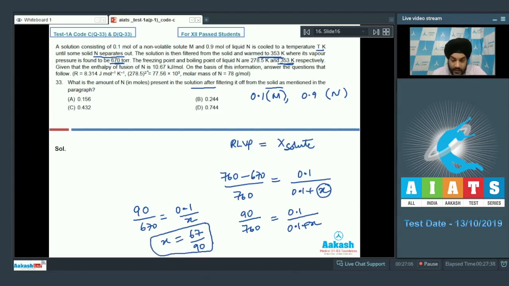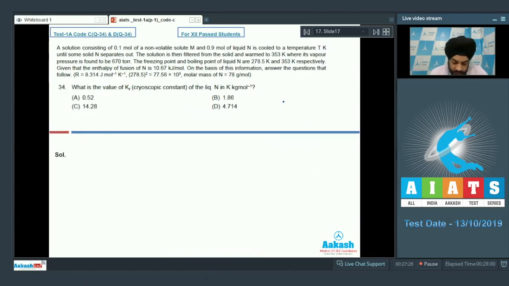If we solve for the value of X, we're going to have a value equal to 0.744. This is the number of moles of the solvent which is present in the solution after the solid is filtered out. So for question number 33, we have to mark the answer as option D. Let us look at the next question now.